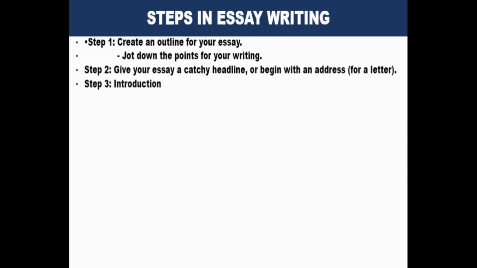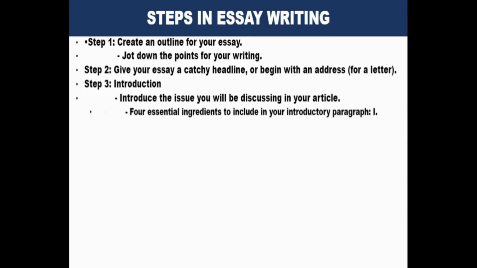Now, step number three will be to write the introduction. Okay, the introduction is the first paragraph where you introduce the issue you'll be discussing in your article, for example. And then there are four essential ingredients to include in your introductory paragraph.